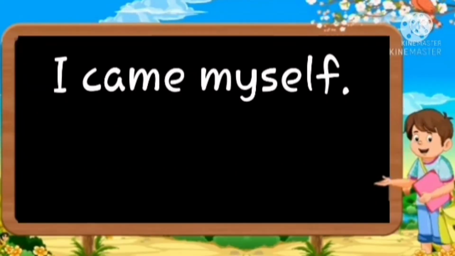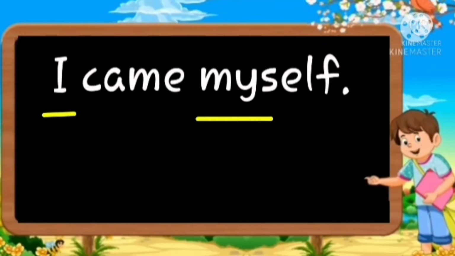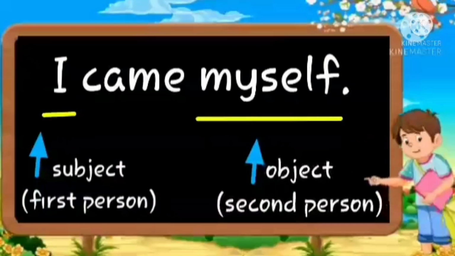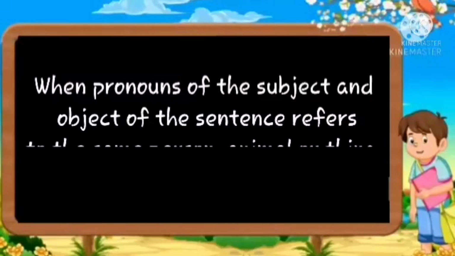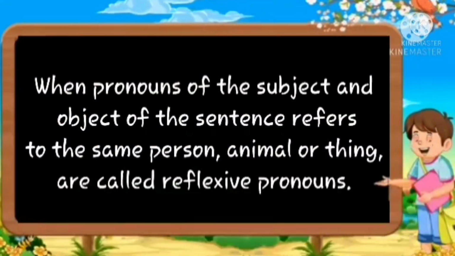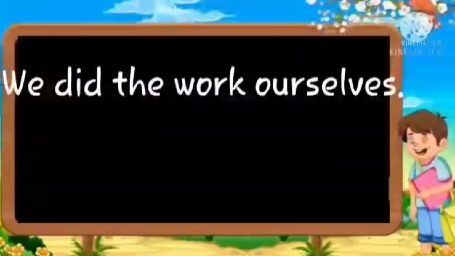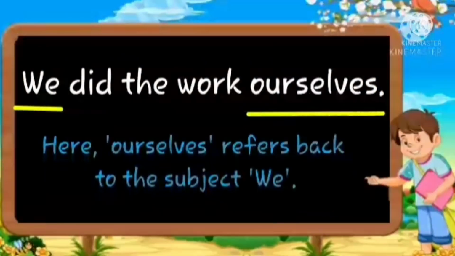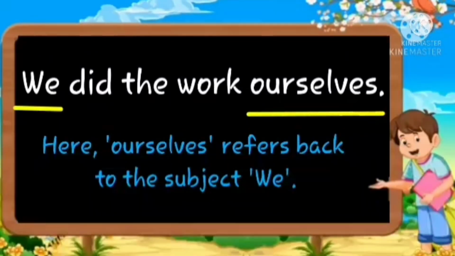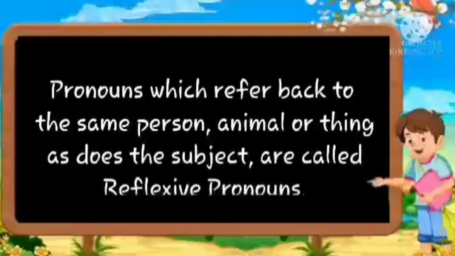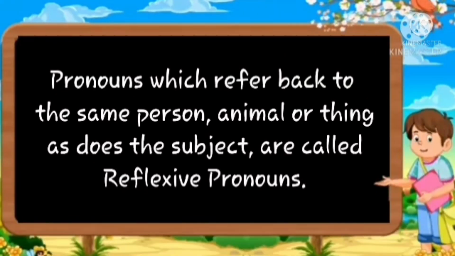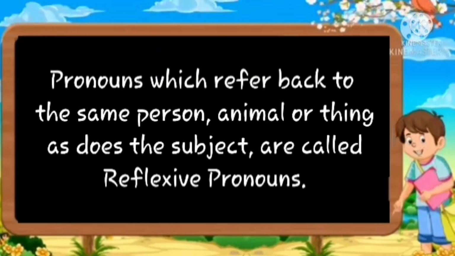Now if I say I came myself, now here see, I, myself, I, on my own. Here both things are similar, the subject is the same, the object is also the same. So when these two things are the same then it is known as the reflexive pronoun. We did the work ourselves, we did this work by ourselves. Here ourselves refers back to the subject we. Okay, pronouns which refer back to the same person, animal or thing as does the subject are called reflexive pronouns.